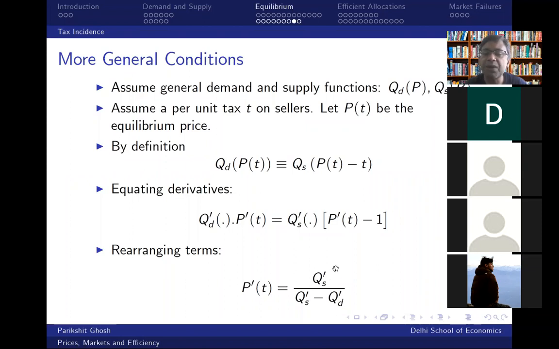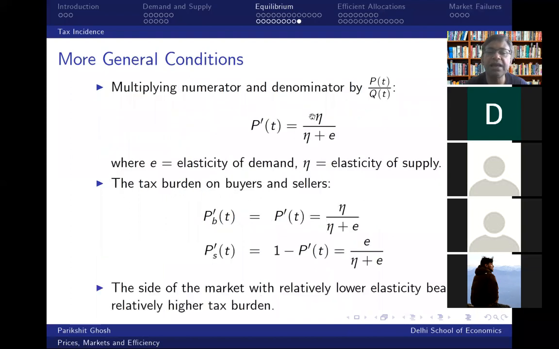I'll multiply that by P divided by Qs, and immediately the numerator becomes the elasticity of supply. I will similarly multiply everything in the denominator by that ratio, and then again these two things will become elasticities. So on the next slide, I have that.